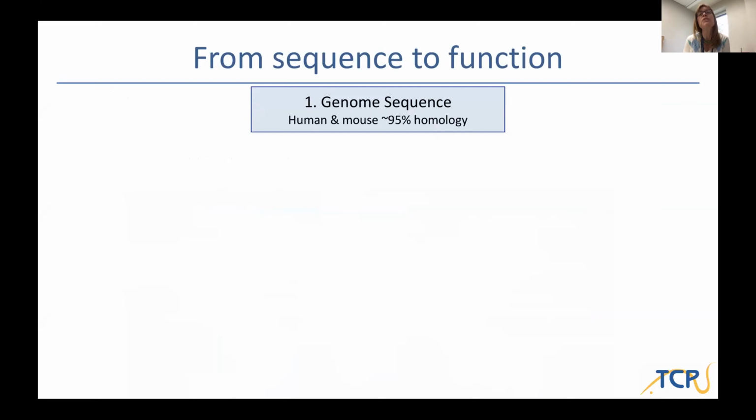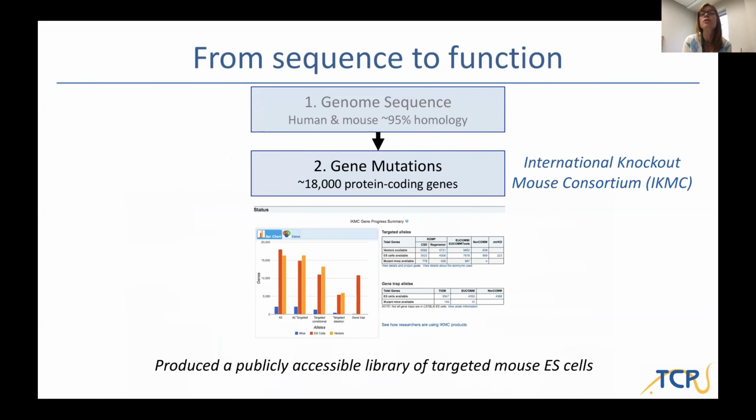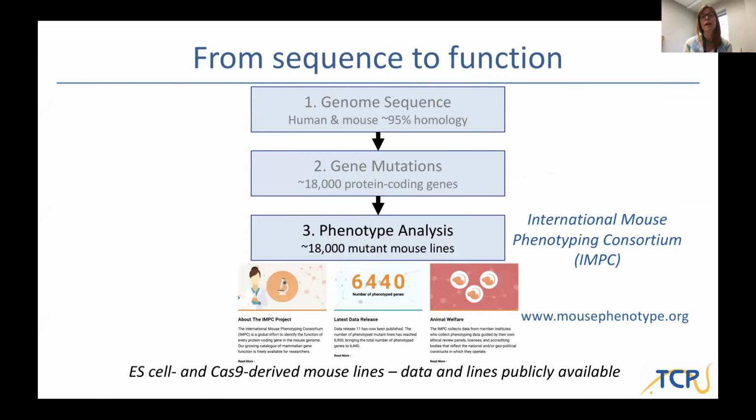So how are we doing that? You all know that human and mouse share a lot of homology in their orthologous protein coding genes. The first effort started in the early 2000s with the International Knockout Mouse Consortium, whose goal was to produce a publicly accessible library of targeted mouse ES cells, to make a knockout for every protein coding gene in the mouse genome.